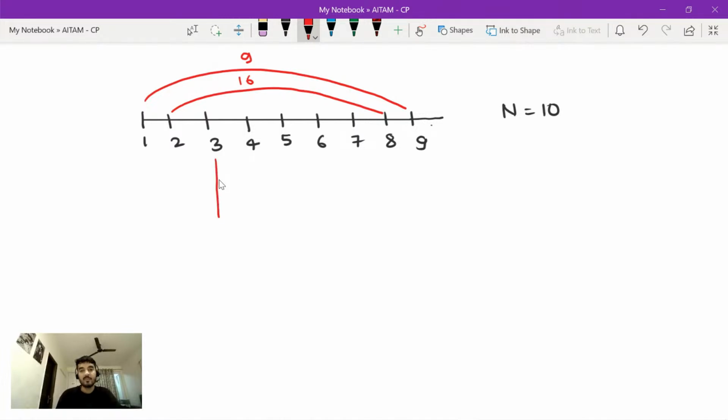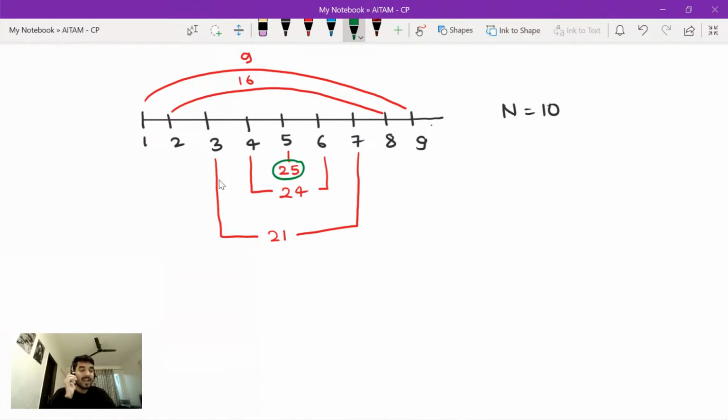So in this case, the product is 21, 3 into 7. And for 4 and 6, the product is 24. And for 5 and 5, if I break this 10 into two parts, 5 plus 5, then it is 25. And now here you can see 25 is the maximum product that we can make.